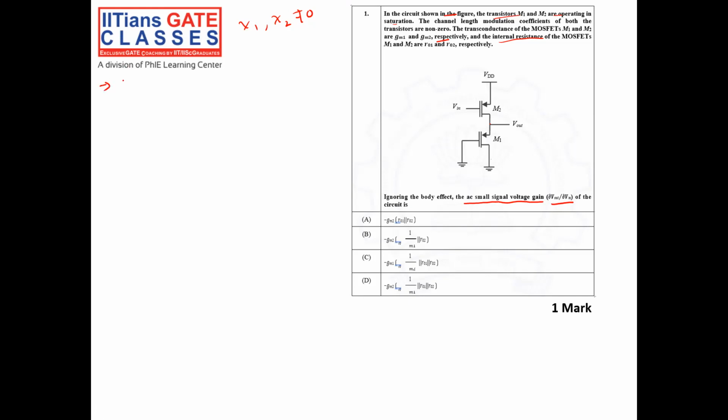See, when my V input AC is not there, meaning it is equal to 0, there will be some DC current ID flowing through the transistors M2 and M1. Also, there is a DC voltage at the output. When I apply an AC at the input, not equal to 0, corresponding to my input AC there will be an AC current that is superimposed over the already flowing DC current.